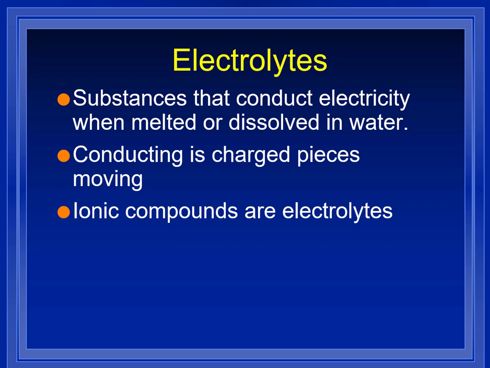Because remember, conducting is charged pieces moving. The ones that have fully charged pieces are ionic compounds. Because what happens to ionic compounds when they dissolve? They fall apart into ions.